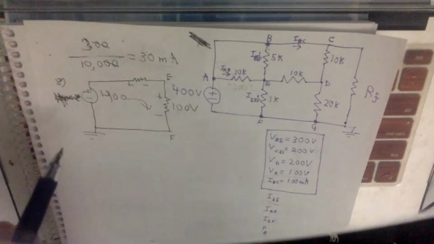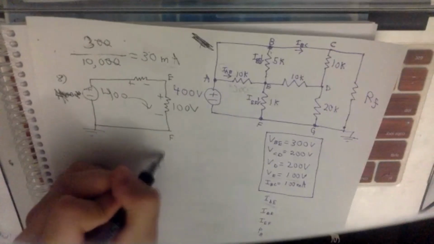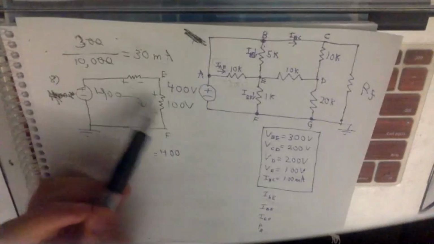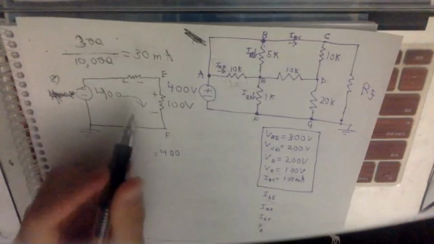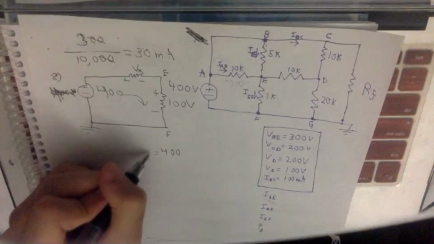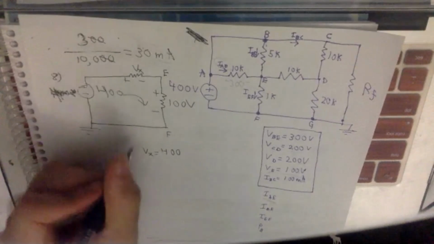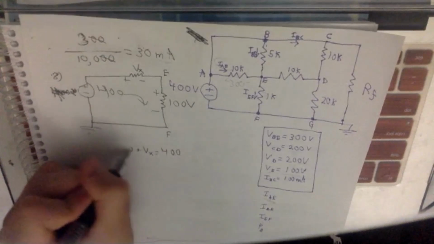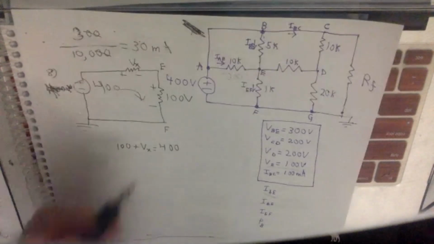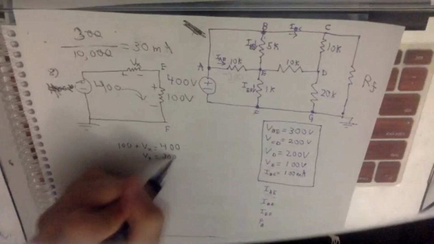So when we do the KVL, rise is right here. 400 is going to equal Vx plus 100, since rises and falls are on opposite sides. So we know Vx is going to equal 300 volts.